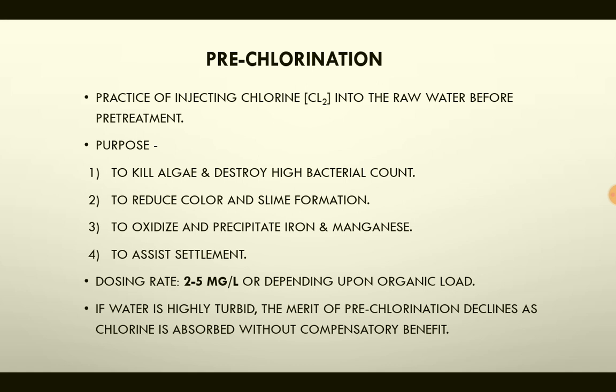A dosing rate of 2 to 5 ppm of chlorine is sufficient, but it depends upon the actual organic load in the raw water. If the water is highly turbid, then chlorination is ineffective because the chlorine is absorbed by the suspended solids without compensatory benefits.